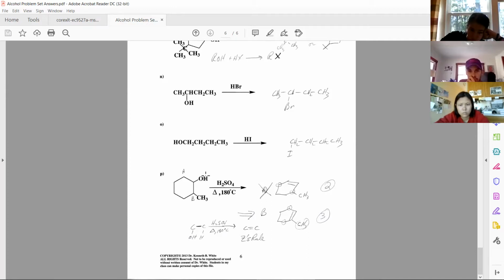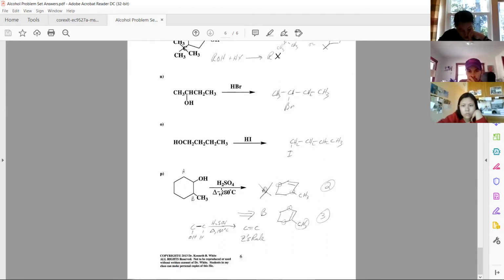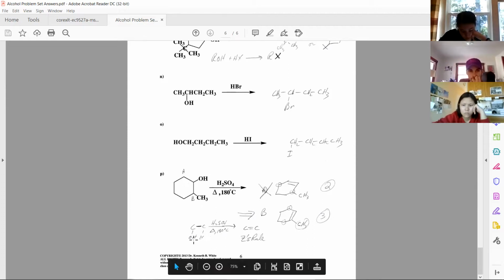You have a hydroxyl group on a carbon, alcohol, but we have an adjacent carbon with a hydrogen. And notice I'm reacting with H2SO4, sulfuric acid, heat, very high temperature heat. Remember, the triangle means you heat it up. Now, the general reaction is sulfuric acid and heat.